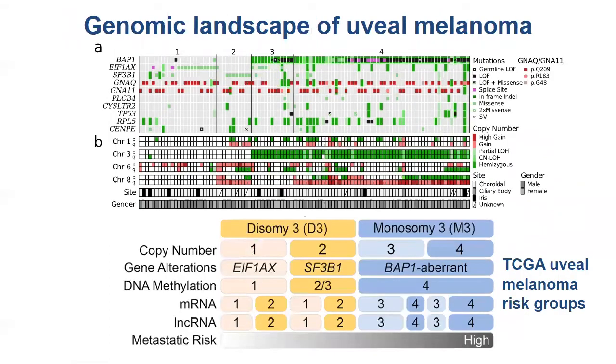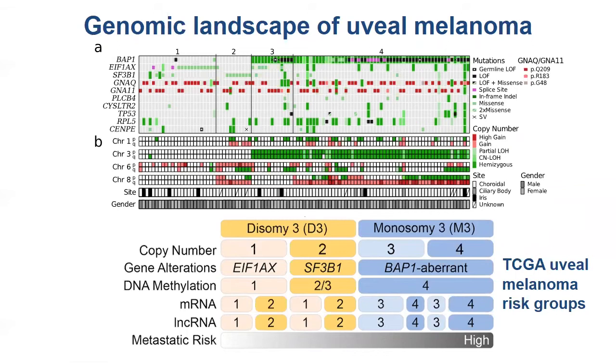When we put the chromosome copy number changes together with the specific gene mutations in each of the uveal melanoma tumors, we find that the samples can be subdivided into the four groups described earlier by the Cancer Genome Atlas Consortium. But we find that the assignment of tumors to a particular category is not as clear-cut or as pure as originally proposed.